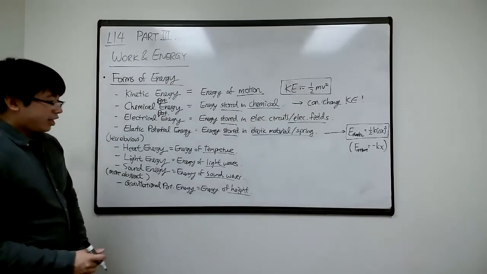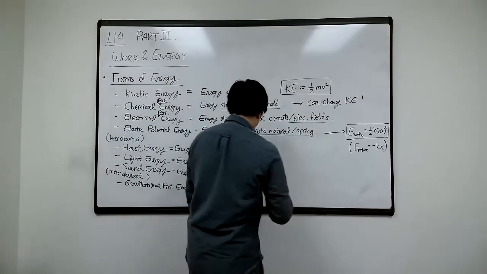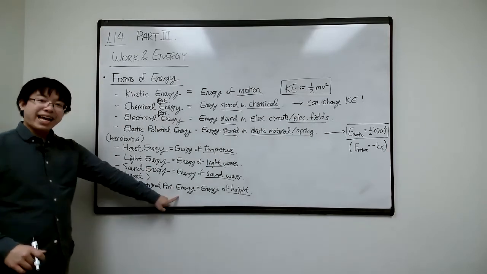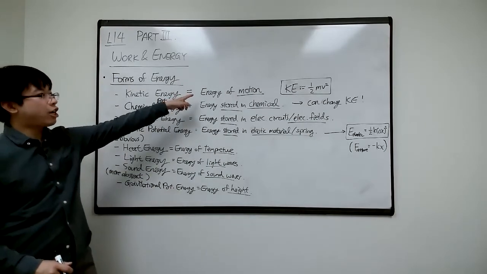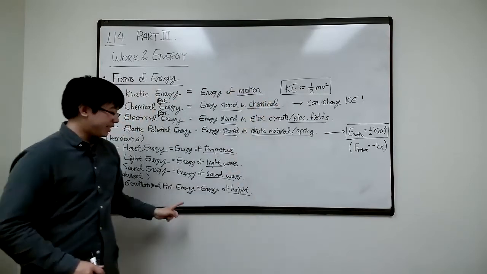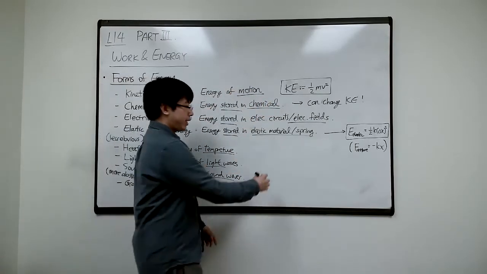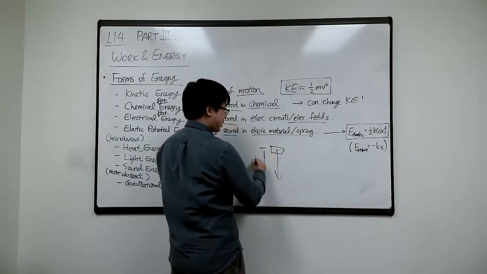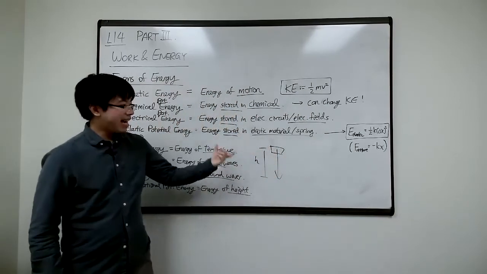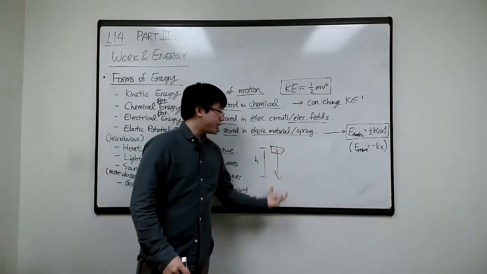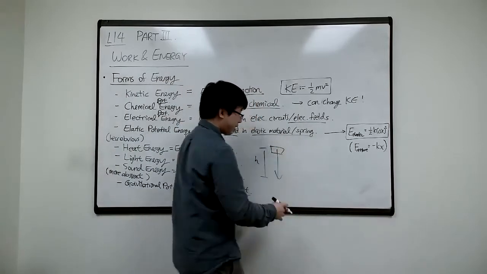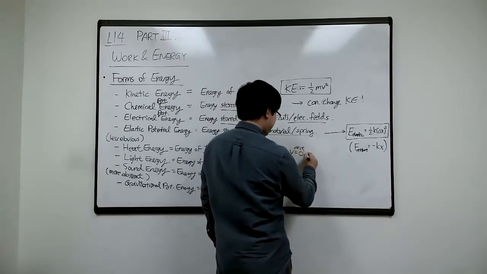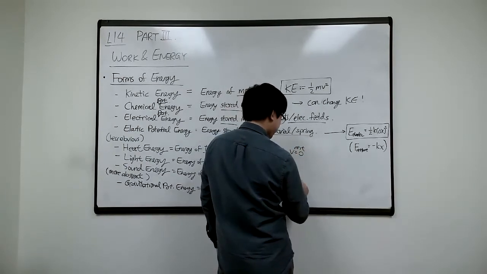And why is it obvious? Because how am I defining energy again? It is the ability to change an object's kinetic energy, or the ability to change an object's motion. Well, we already talked about that. If you drop a box, drop an apple, the fact that it has some height means it will be able to change its motion. When you release it, like not touch it anymore, it will automatically go from rest to going very fast.